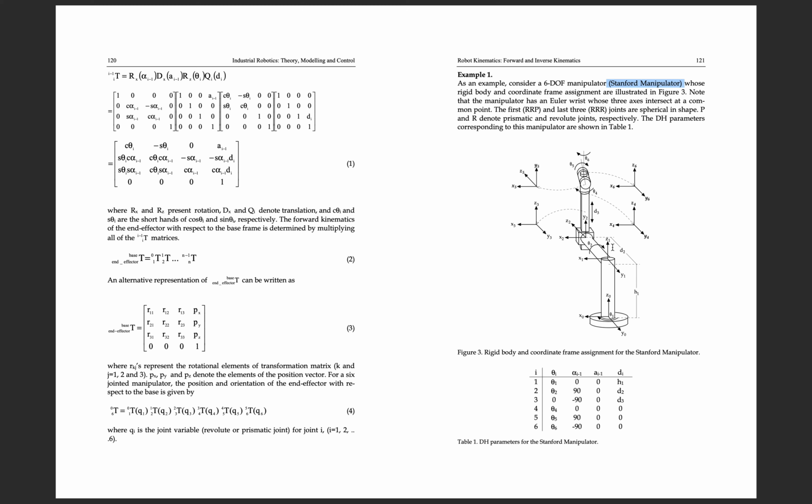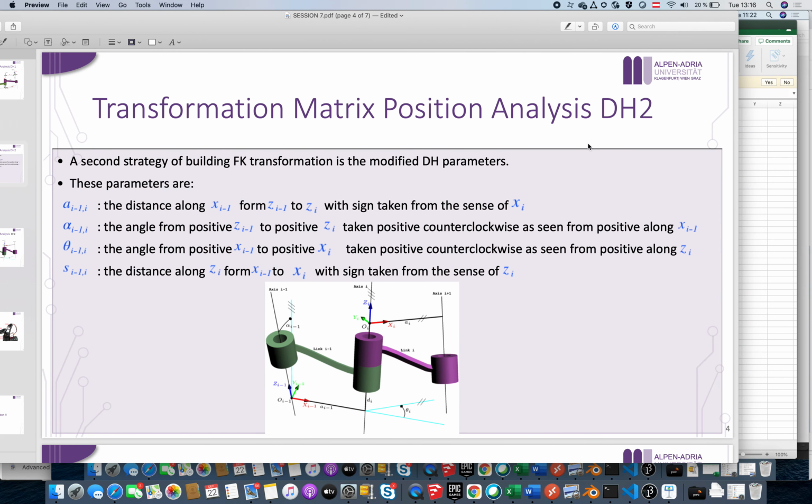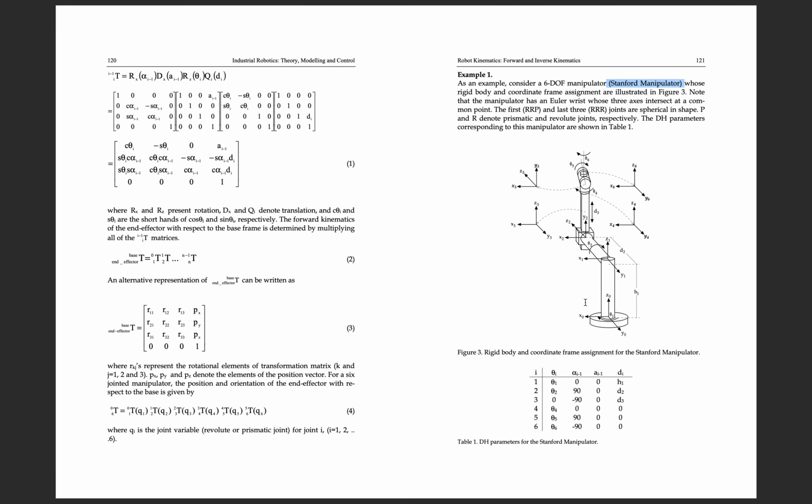If I do this rotation, x2 would have an angle with x1. We have the second rotation, which is alpha, the rotation around x1 in this case, that creates an angle between the two z-axes.